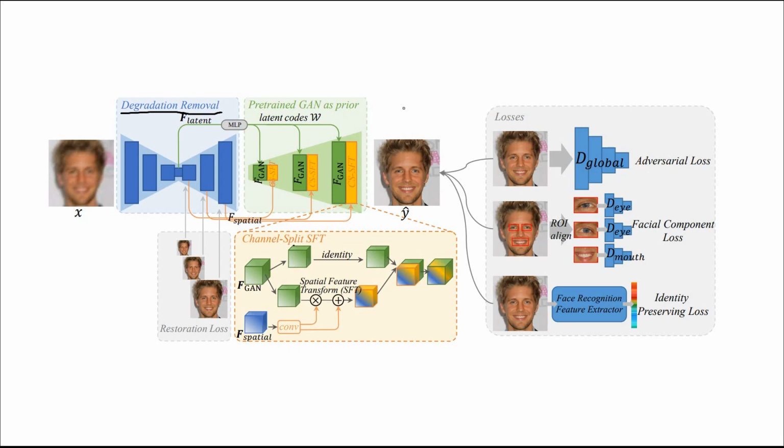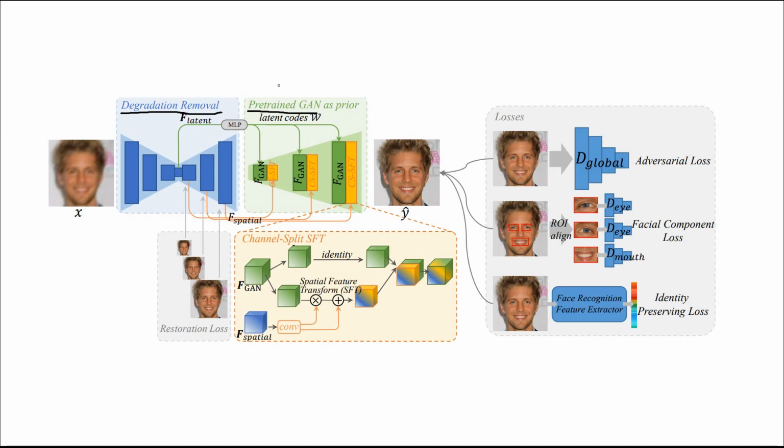Now the important question here: how can we make this pre-trained GAN create the same face as in our input image, this noisy image, but with high quality like this, and of course without noise and blur? Now we will learn that. Firstly, we have many layers in this pre-trained GAN network.